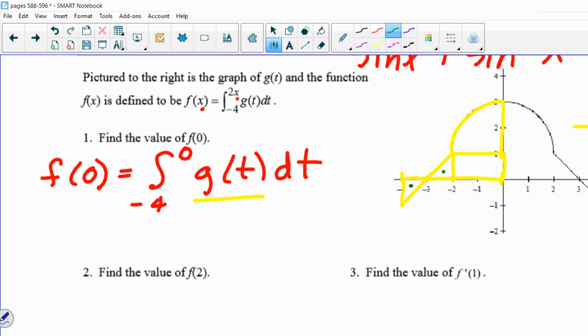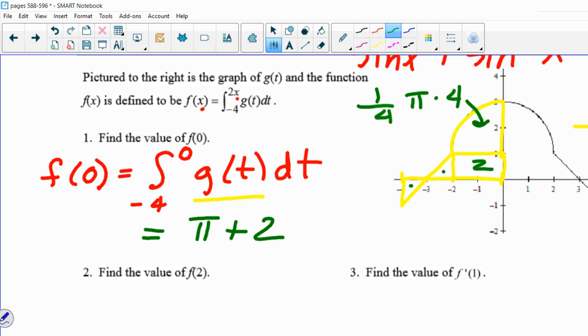I hope it's obvious to you that those two cancel each other. The area of this thing is 2. This is 1/4 of pi r squared, but the radius of that thing is 2, so 2 squared is 4. So that area is pi. Looks to me like that is pi plus 2.